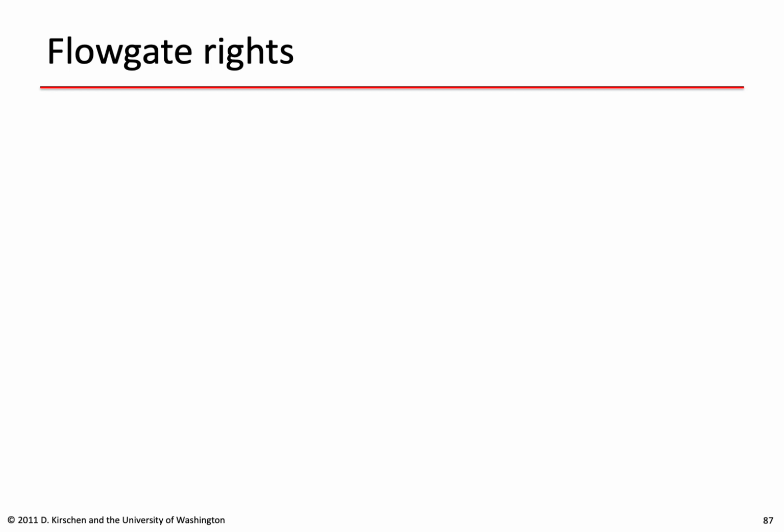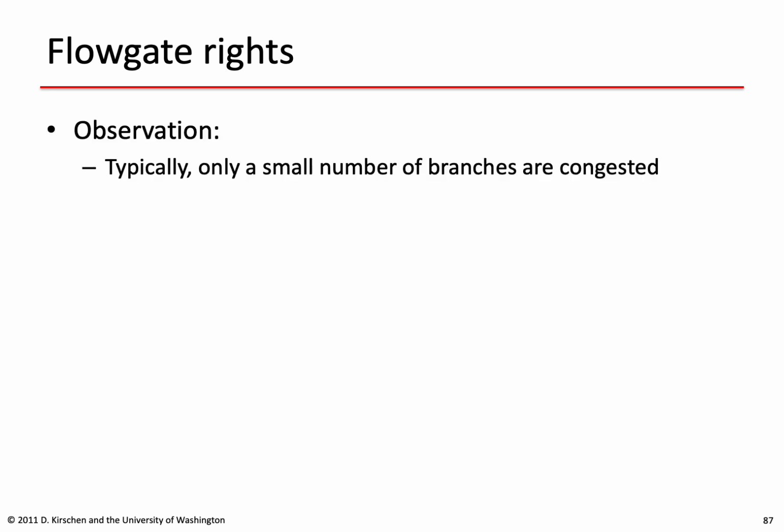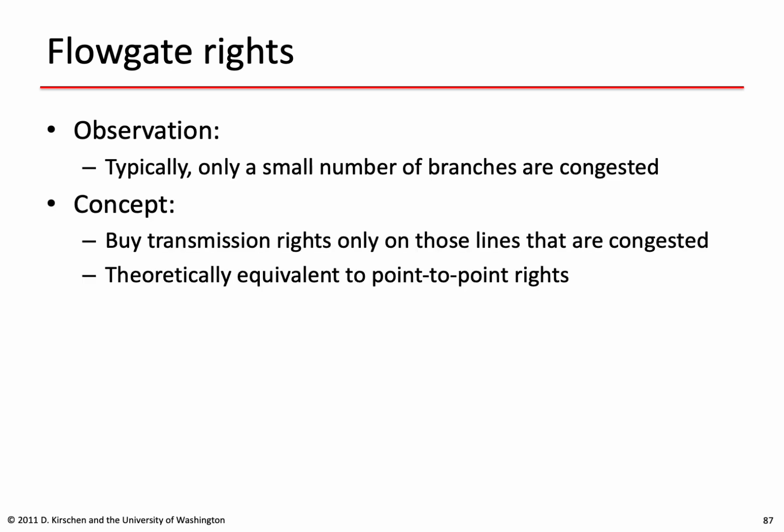So some people have suggested that instead of having point-to-point financial transmission rights, we should have instead, or in addition, flow-gate rights. And flow-gate rights start from the observation that typically only a small number of branches are congested. And the idea is that users would buy transmission rights only on those lines that are congested.